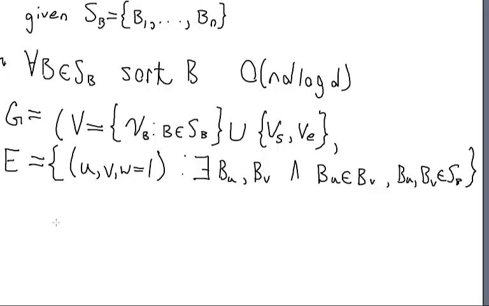So if vertex U, its box is nested inside V, we make an edge, and we make a union again, and this is going to be, let's say, well, we named it VS, so VS cross this same set VB, where B is inside S_B.